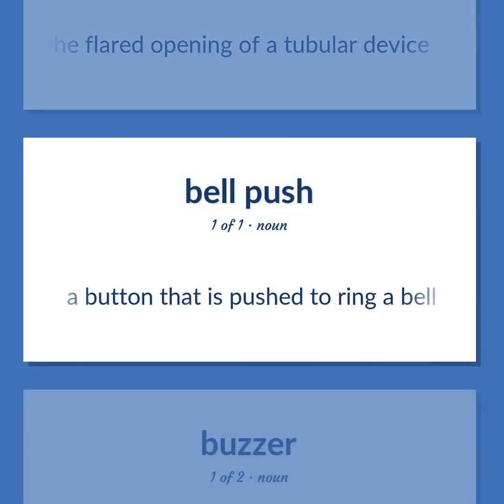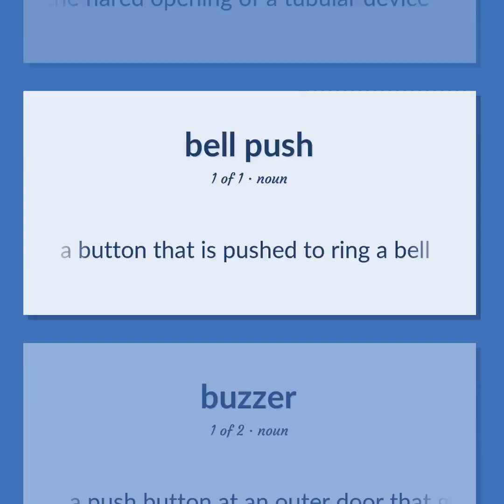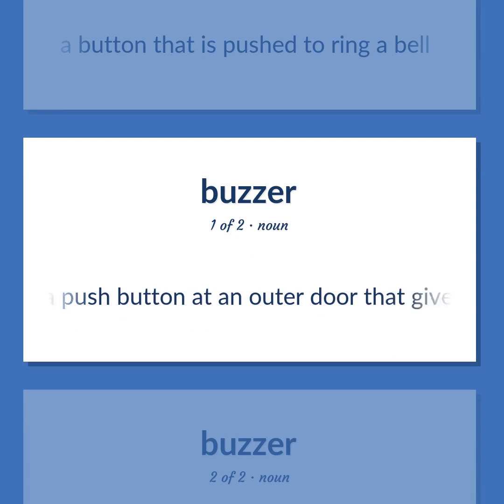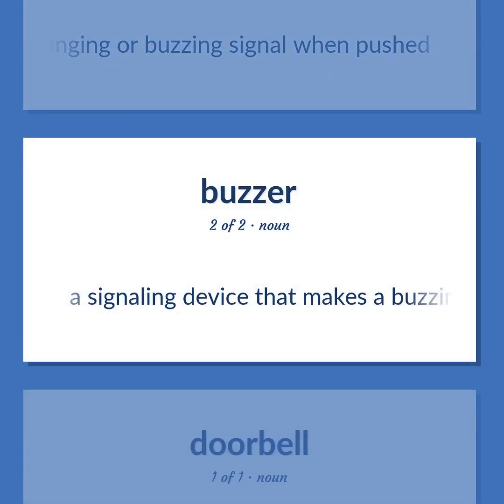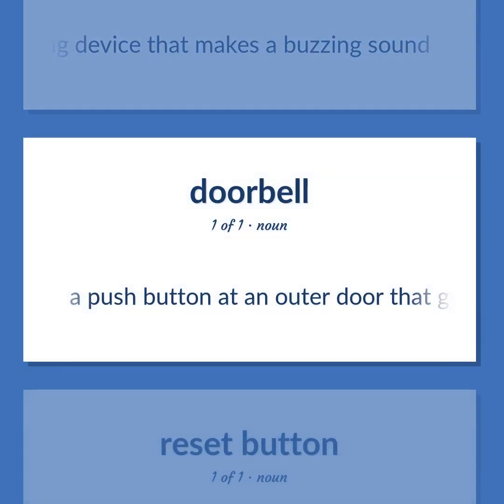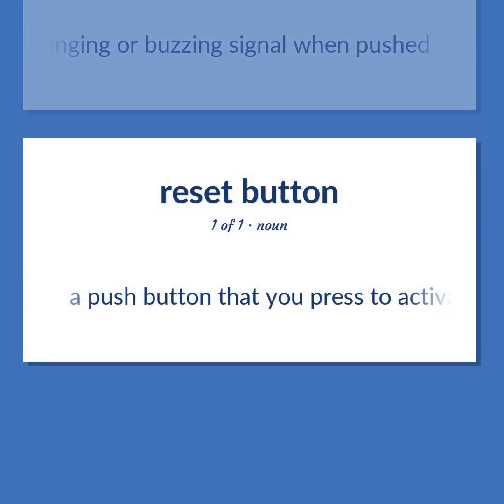A button that is pushed to ring a bell. A push button at an outer door that gives a ringing or buzzing signal when pushed. A signaling device that makes a buzzing sound. A push button at an outer door that gives a ringing or buzzing signal when pushed. A push button that you press to activate the reset mechanism.